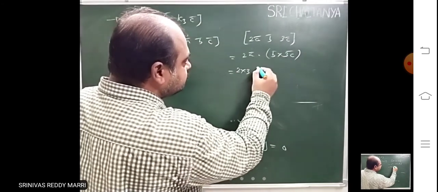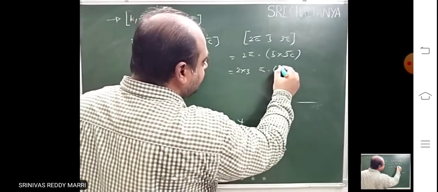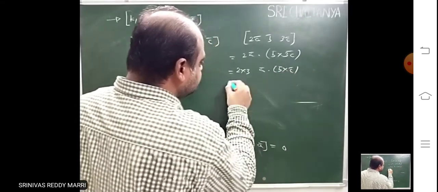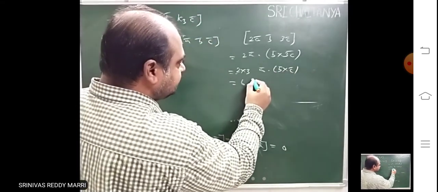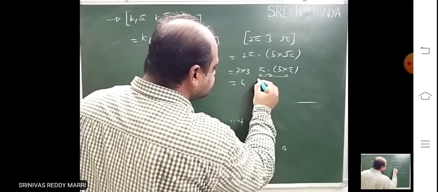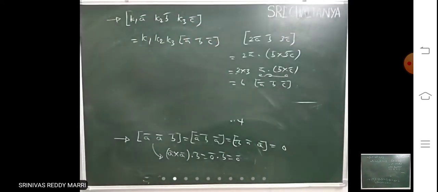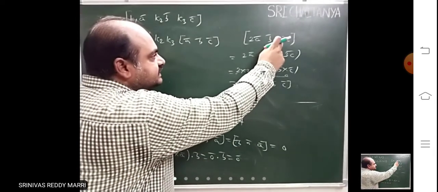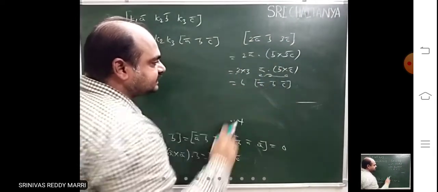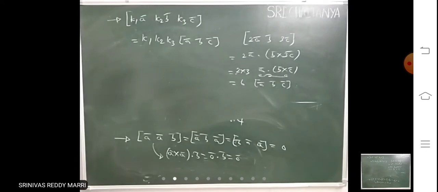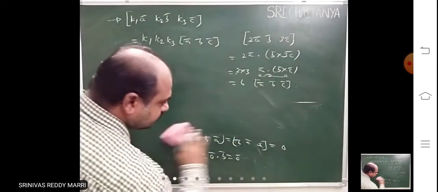Therefore 2 into 3 into A bar dot B bar cross C bar. That means this is 6 into, according to the definition, the box of A bar, B bar, C bar. Like that, constants are there. You write 2 into 3, 6, 6 into box ABC.